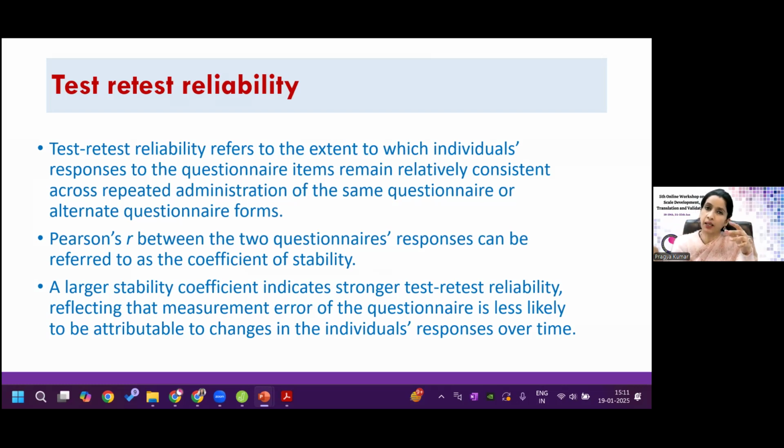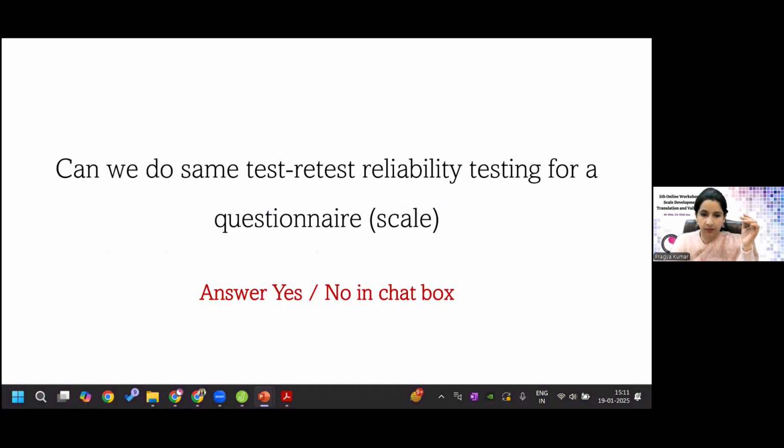And then after a month, I will give the same questionnaire to you, and you will give the response. And then I will measure the correlation between these 2 scores. That is the test-retest reliability. That is to check the temporal stability. Means over time, are the participants the same or is there a change in the participants.